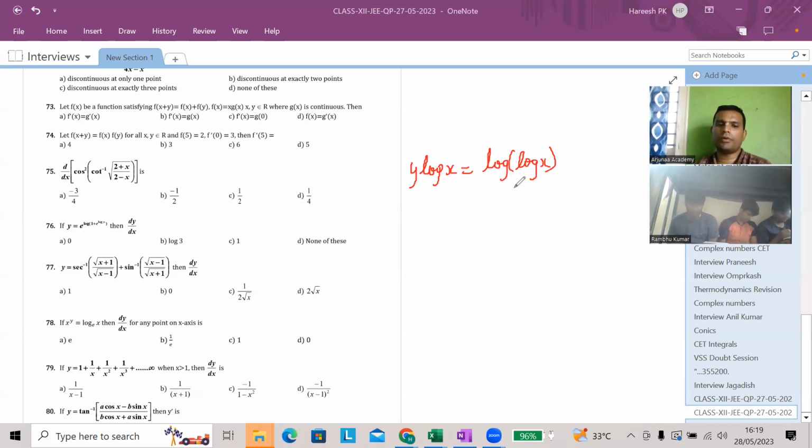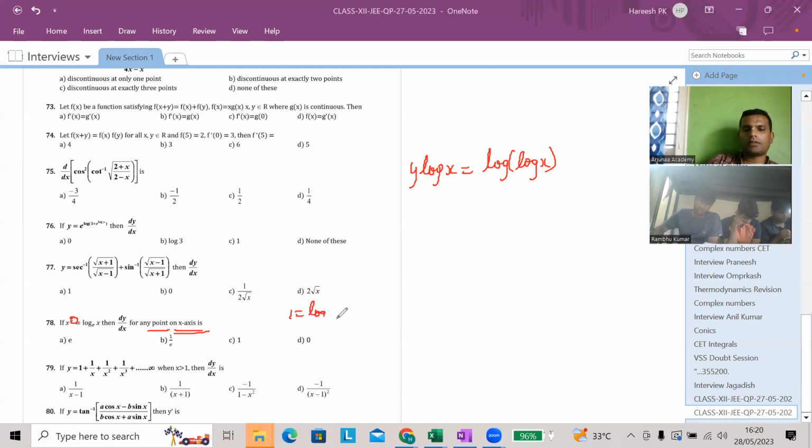Now, before you proceed further, they are saying for any point on the x-axis. On the x-axis, how much is the y coordinate? 0. So put y as 0. Then the left hand side becomes 1. So 1 is equal to log x.